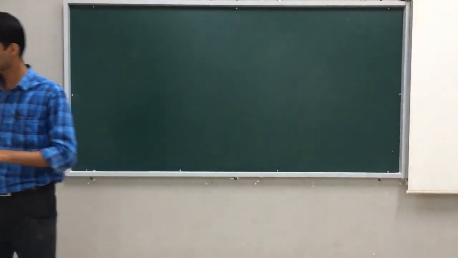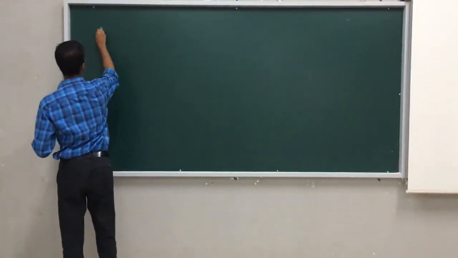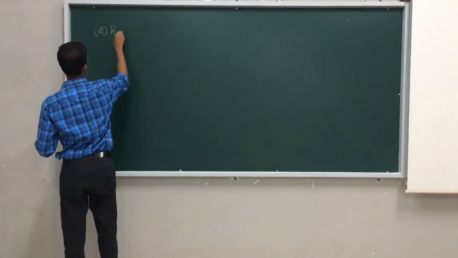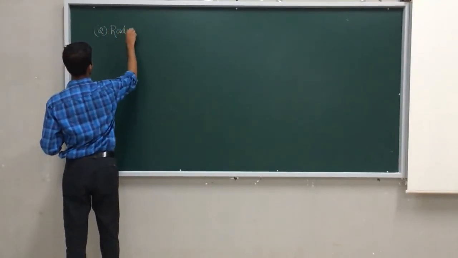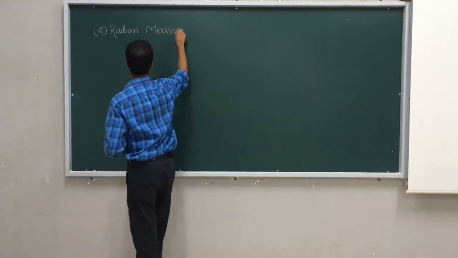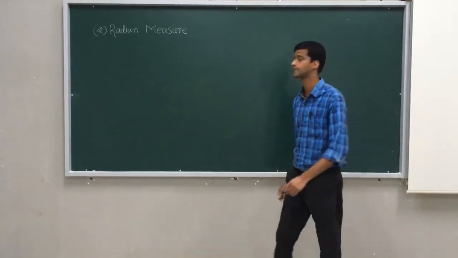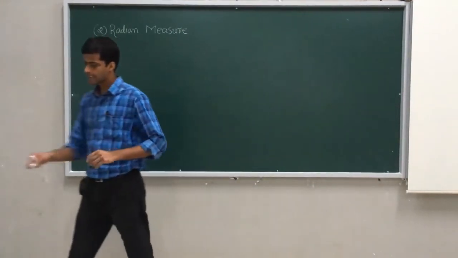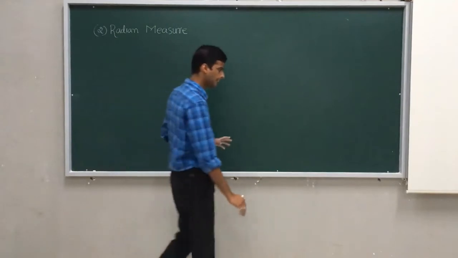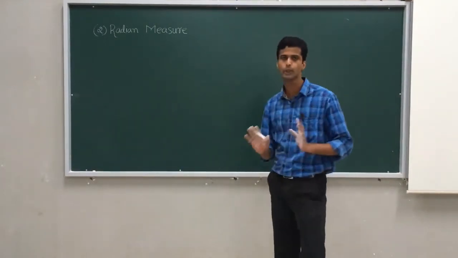Now, let me explain the second part, radian measure. What do you mean by radian measure? Where is it useful? That we discuss now. I think you got some clue about this method.